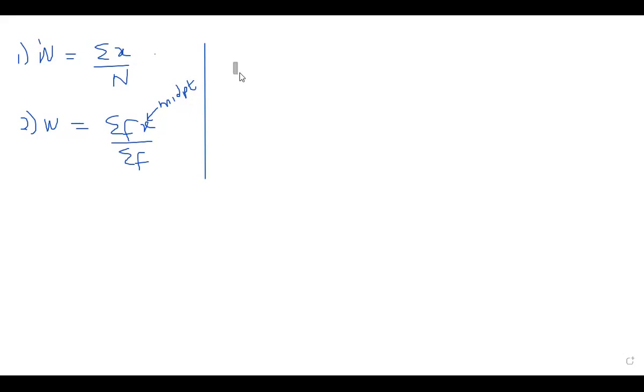I ask you to find the mean for the given ungrouped data.